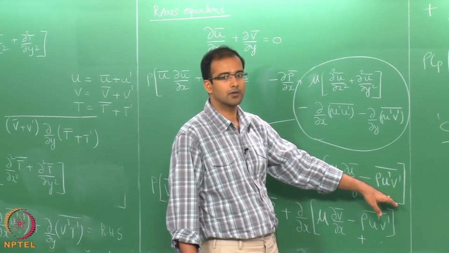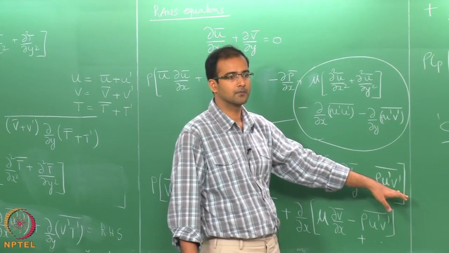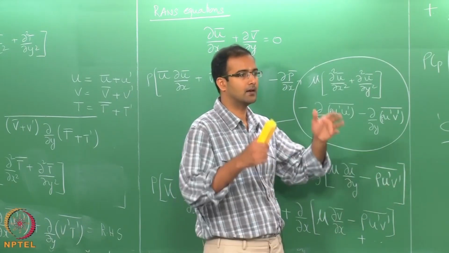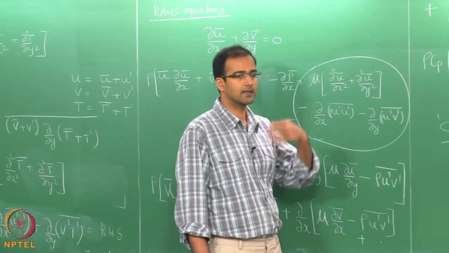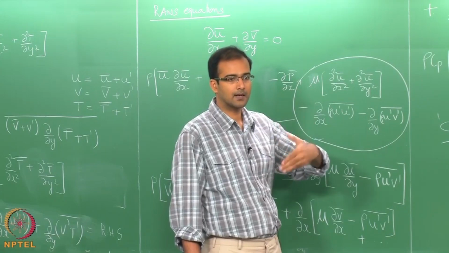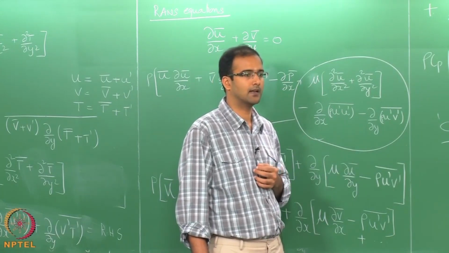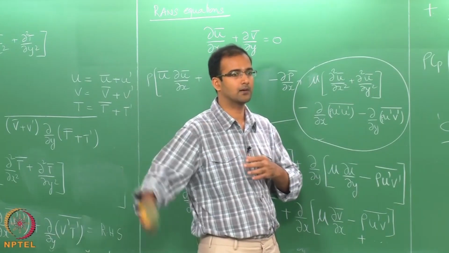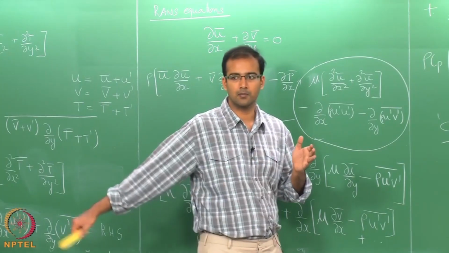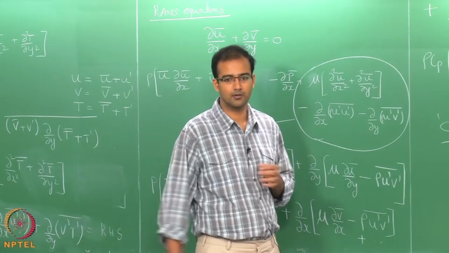You will end up with rho u prime v prime u prime, rho v prime u prime v prime. So, all higher order moments will come. So, like this it will keep on cascading. Now, if you construct again another governing equation for the higher order moments, you will end up with one higher order moment. Okay. So, therefore, this will be a never ending problem. This is called the closure problem.